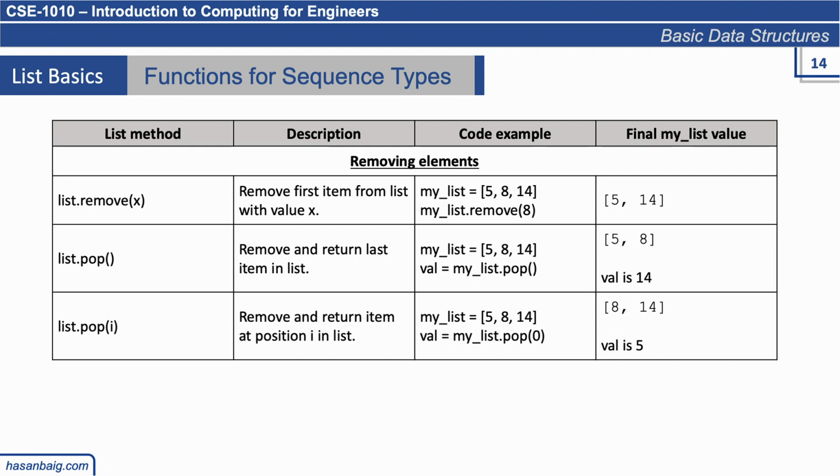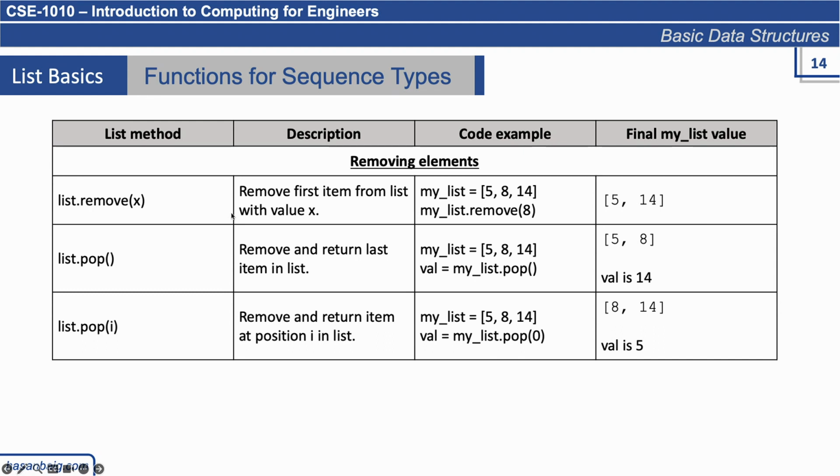But what if we do not know the index of the value, but we know the actual value? For example, I have students' names and I do not know the index of those names, so I can just specify the exact value. It removes the first occurrence of that value. We may have the same name multiple times in the list.